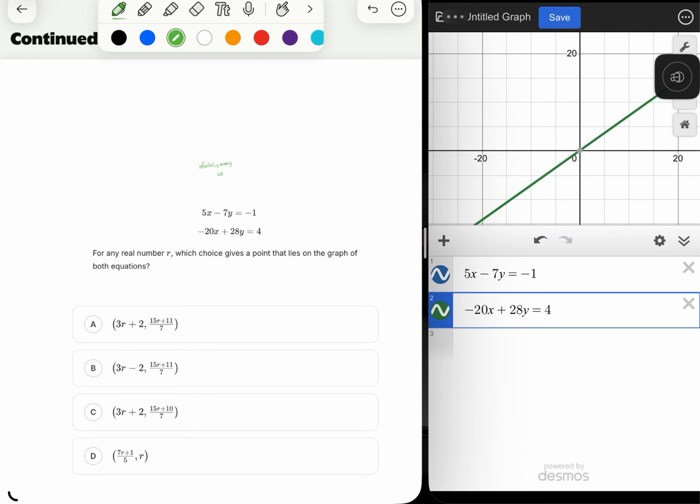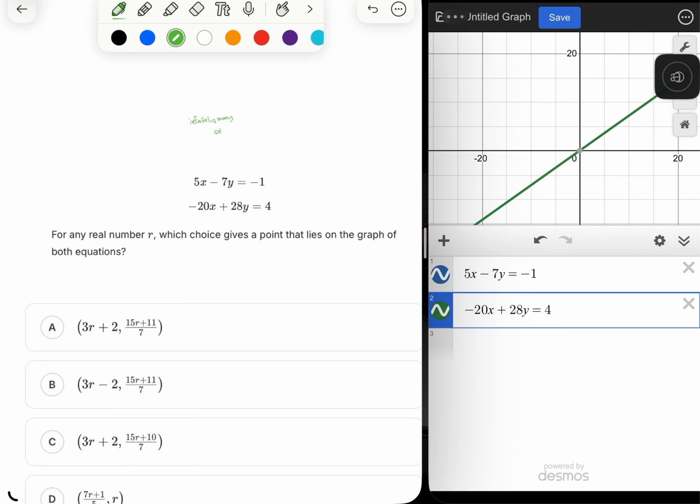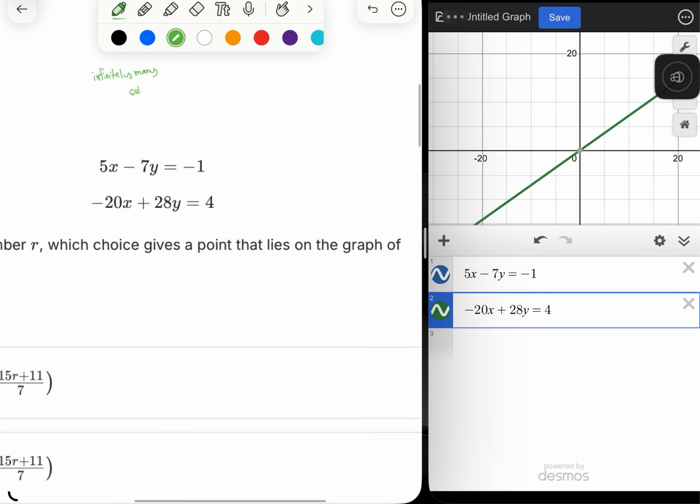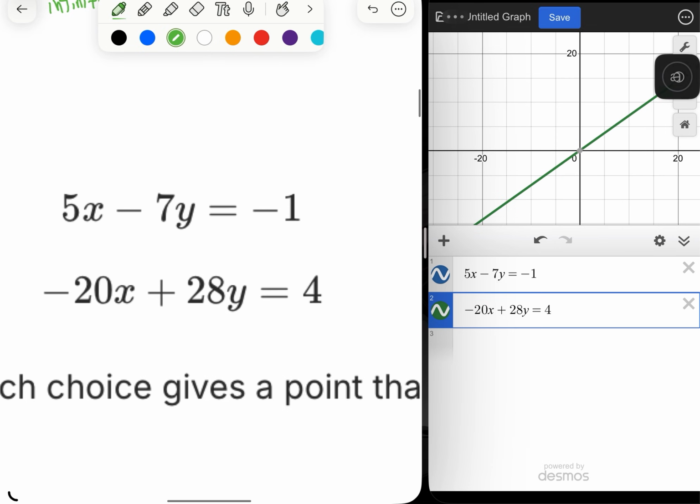So what value does that have in this problem? Because there are infinitely many solutions to the system, if you're looking for a point that lies on the graph of both equations, two things. First, because they're the same line, we're really just looking for a point that lies on the graph of one of these equations, because they're the same thing.